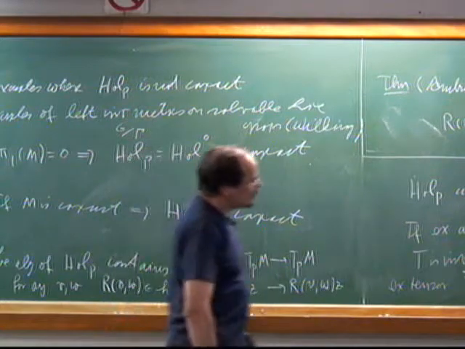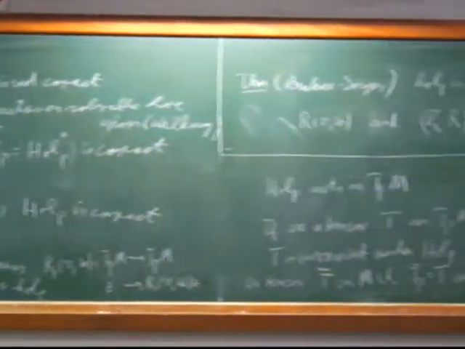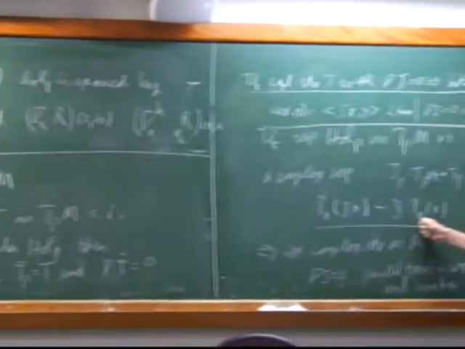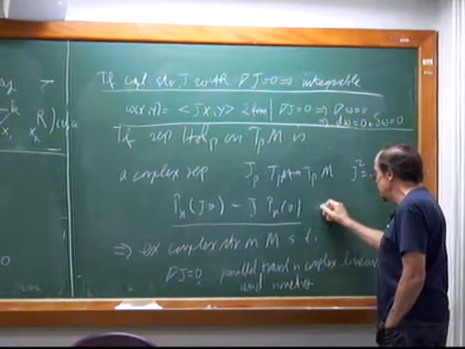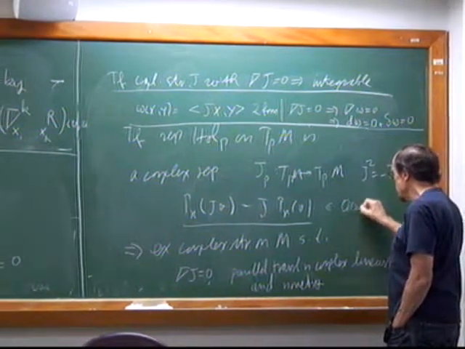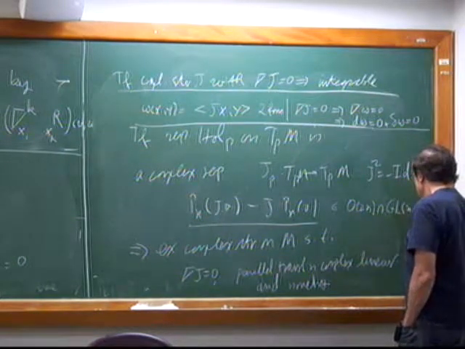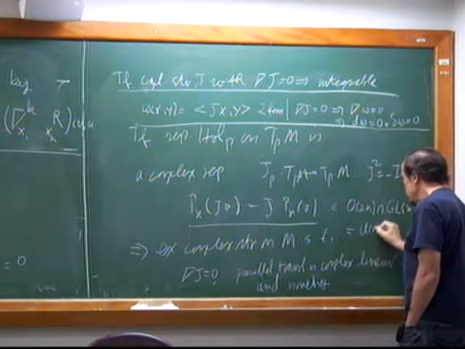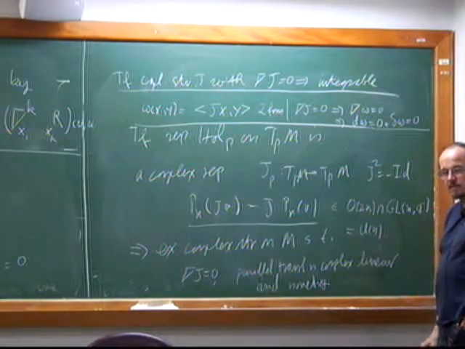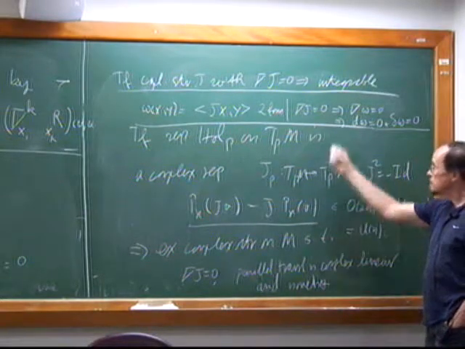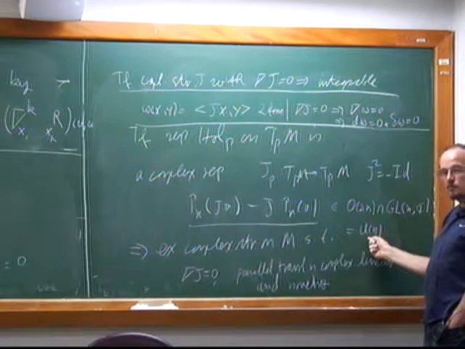That's correct. So if it's complex linear in this sense, that means this is an element of the orthogonal group intersected with the complex linear maps. And that was the unitary group. So for a Kähler manifold, the holonomy group is a subgroup of U(n).